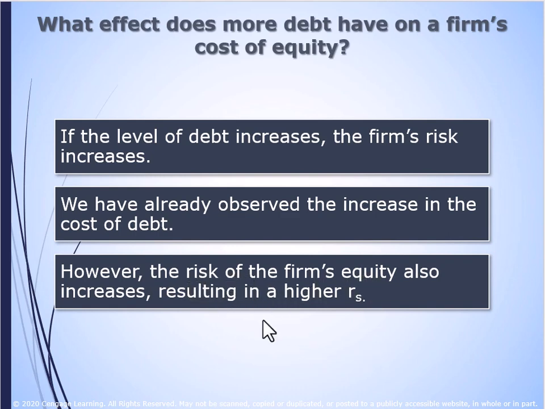If the risk of equity is increasing, we also now have to understand that there is a higher cost of equity. All we've really done so far is show that there is an increase in risk. So now we have to figure out what happens to the cost of equity. We know what happens to the cost of debt. Now we have to explore the cost of equity.